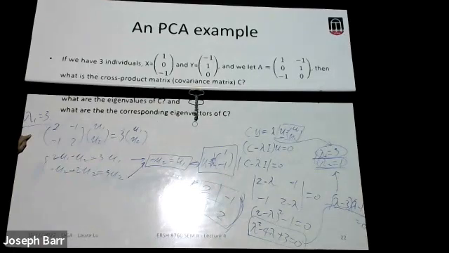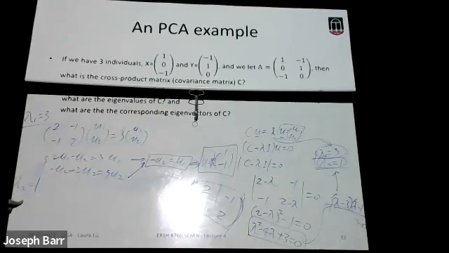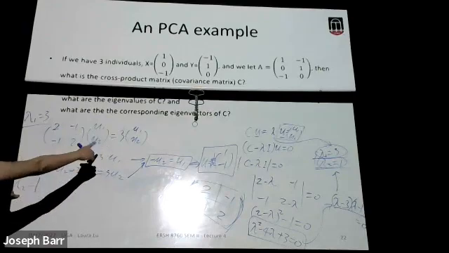Then when lambda 2 is 1, what is the other u? This is the u associated with 3. What is the u associated with 1? The same thing, just do the calculation.